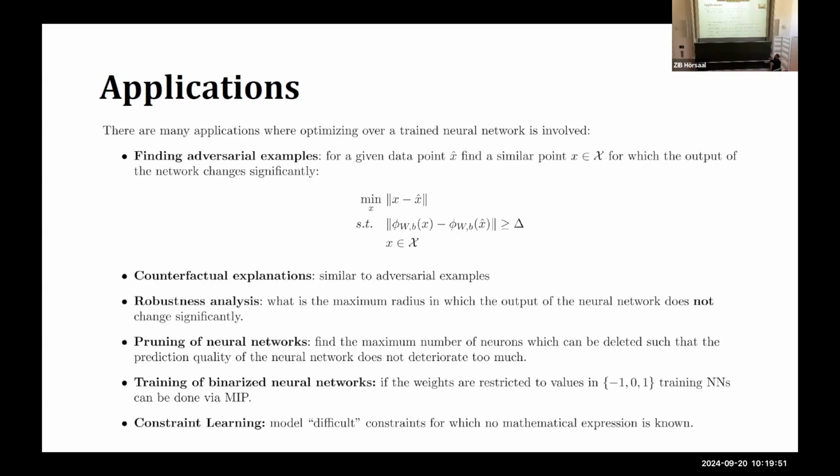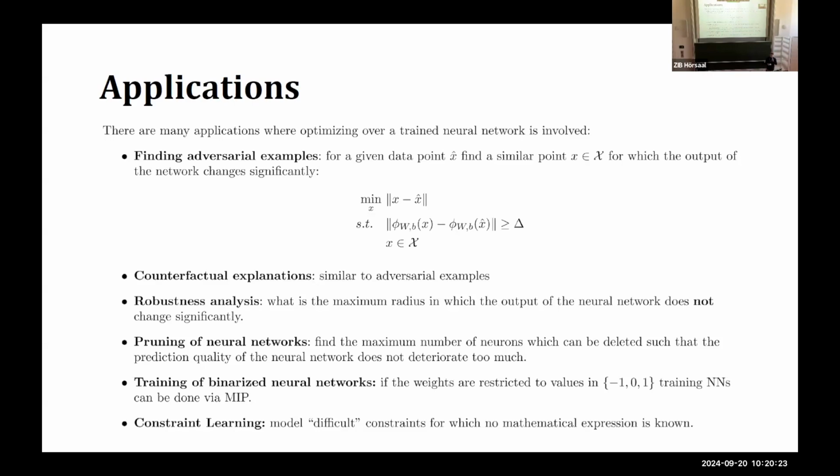An adversarial example is basically to find, for a data point, a very close data point, so you're minimizing the distance, such that the outcome of your neural network is vastly different. These are the examples where you have pictures and it's classified correctly as a panda, but you change some of the pixels of the picture, so the human still sees a panda, but the network completely misclassifies the picture.